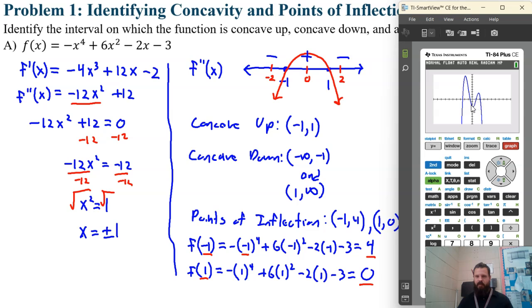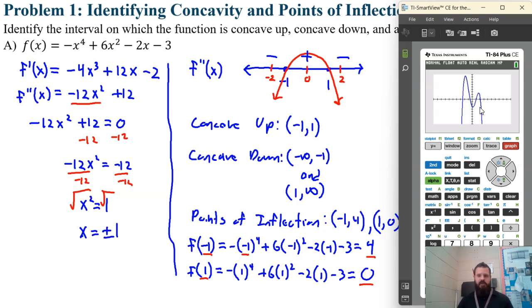It's opening up between 1 and -1 here. Concave down below -1 and above +1. Yep, and then for points of inflection where it switches concavities, I'd say -1, 4 looks like about that point where our derivative is going to go from decreasing back up to increasing again. And then same thing, 1, 0, that makes sense for a point of inflection.